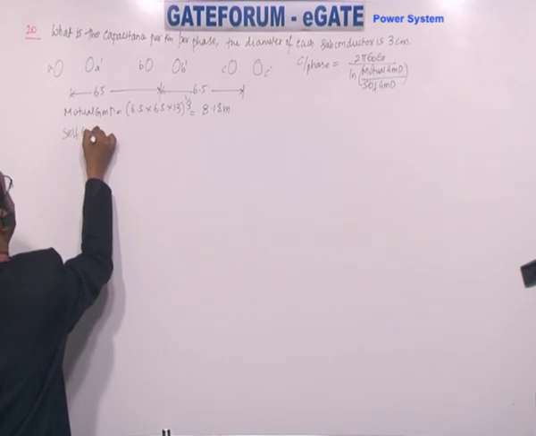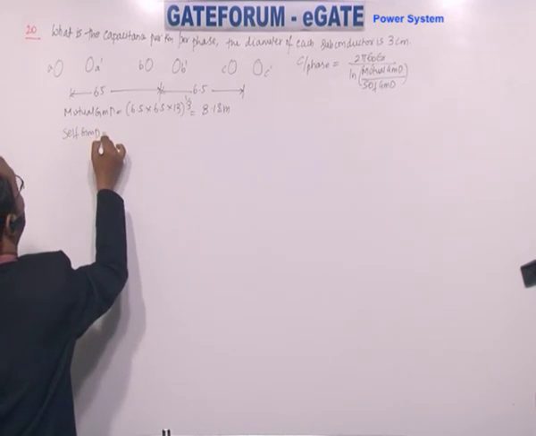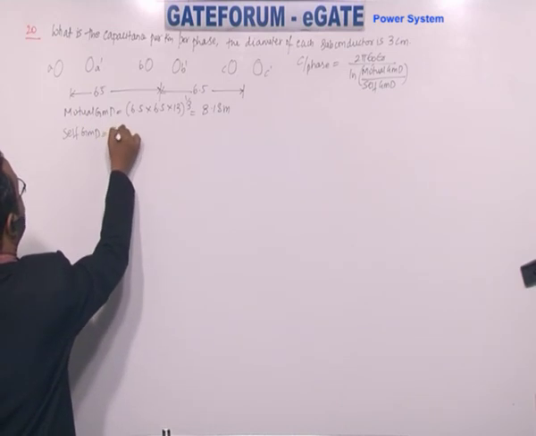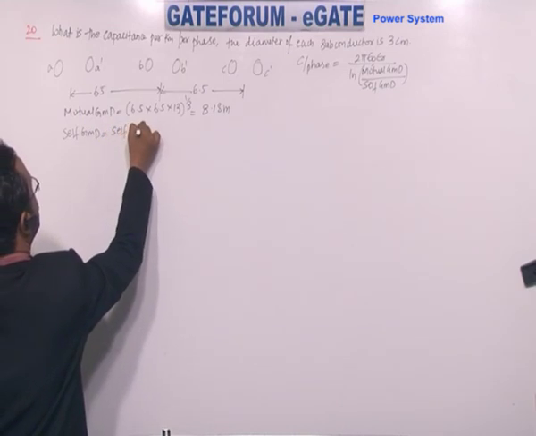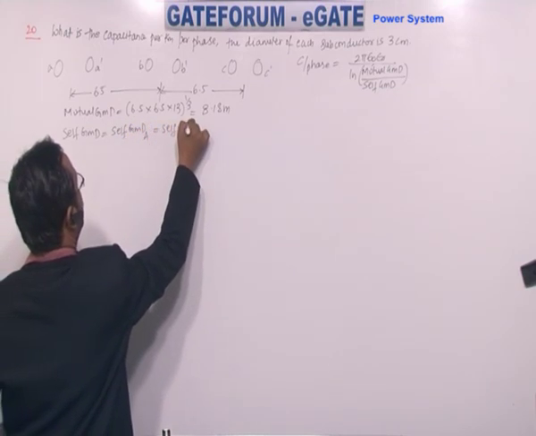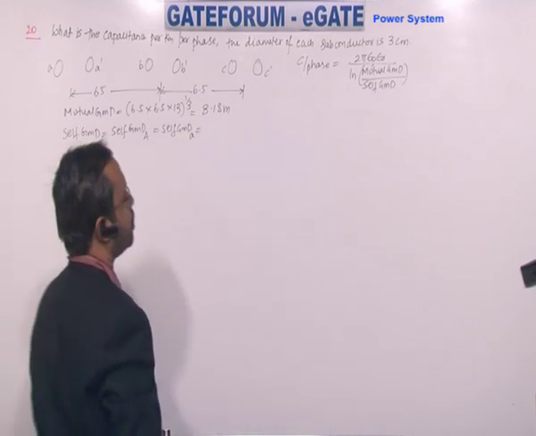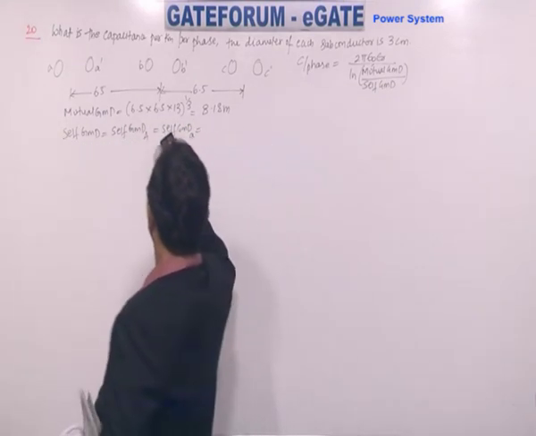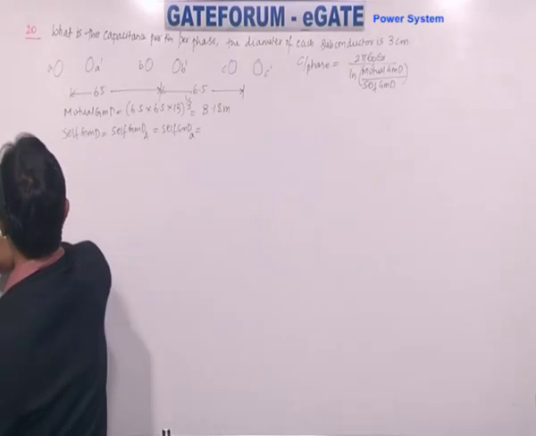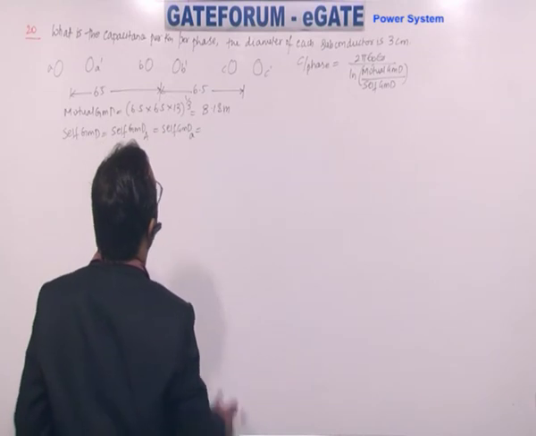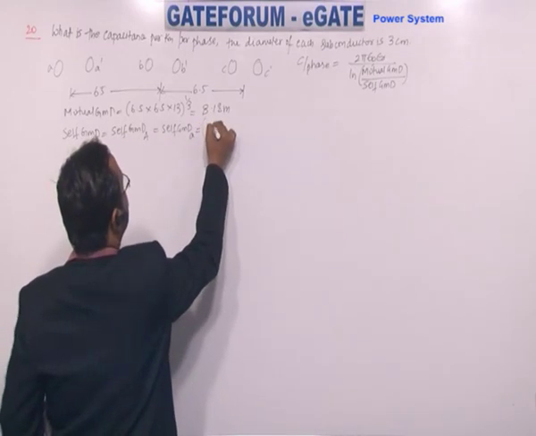What about the self GMD now? It is the same as for any one phase, and it is the same as for any one subconductor. And what about the diameter?